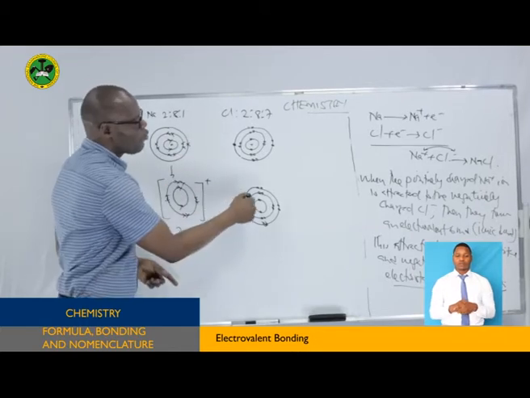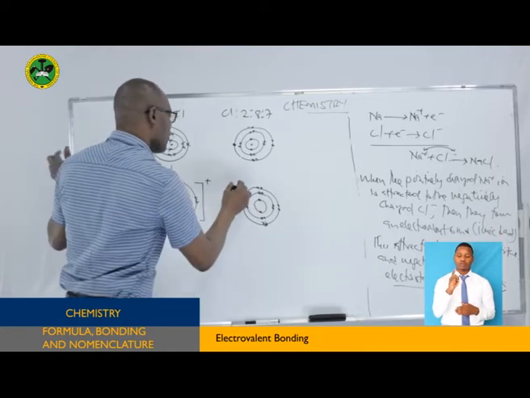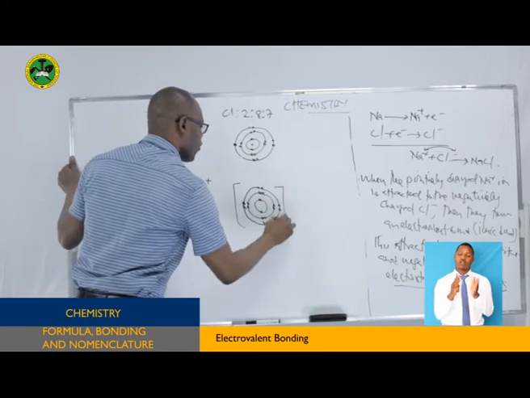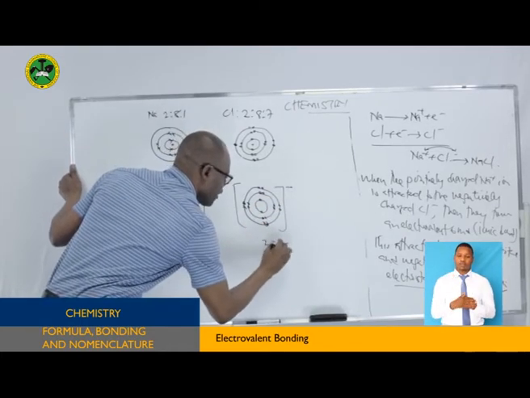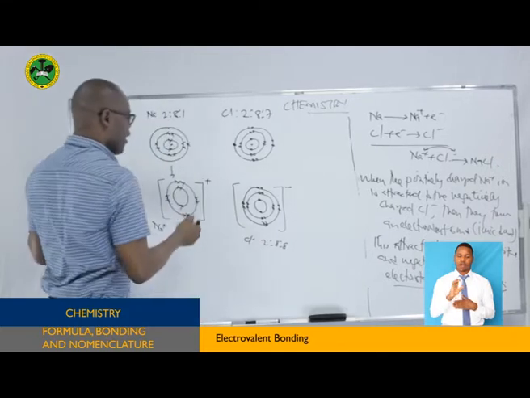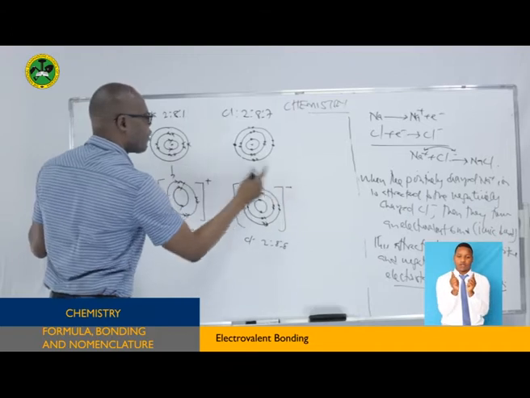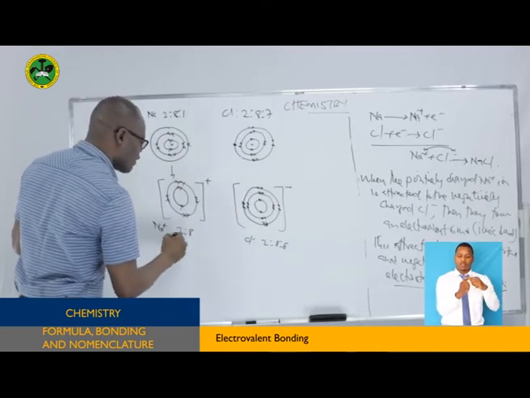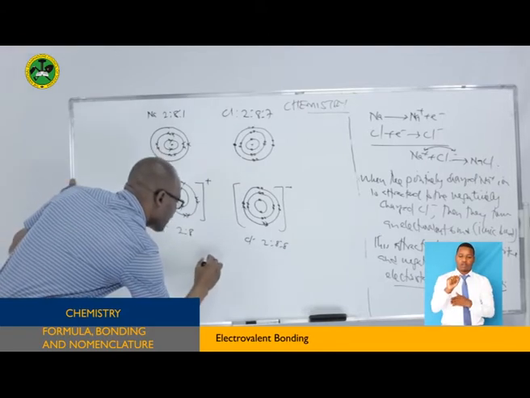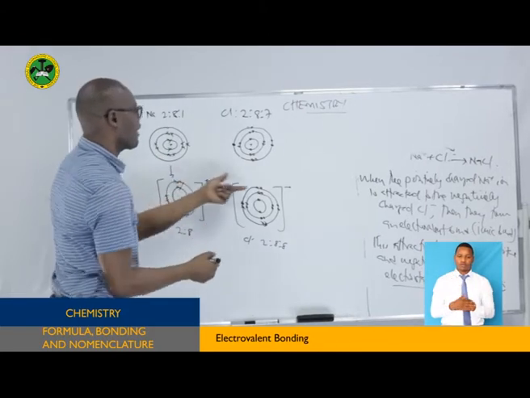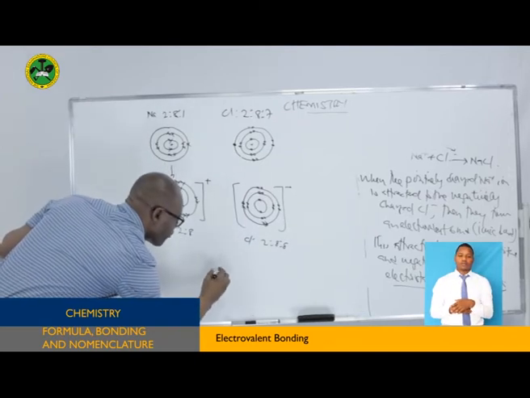But now you can also see that chlorine is now having 2 to 8 to 8. Now this one is not an atom, but what's called an ion, which is 2 to 8 to 8, which is a chloride ion. Now these two will attract one another because positive charge, negative charge will attract each other. So the whole of this compound now is what is called sodium chloride. So you can draw our sodium chloride like this. Now if the positive and negative attract one another, then we'll form this kind of compound.